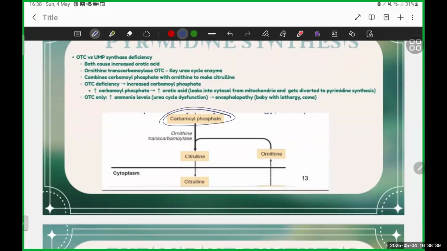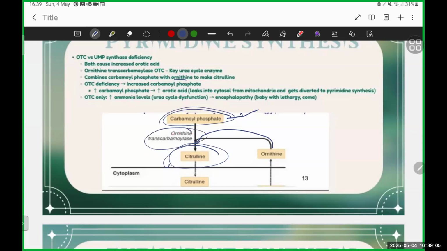In the urea cycle, you have this carbamyl phosphate again. This carbamyl phosphate combines with ornithine here, and you have citrulline, all right? Now, if you have a deficiency in ornithine transcarbamylase, I'm sure you guys took this, so I don't really have to explain the enzymes or go into too much detail.